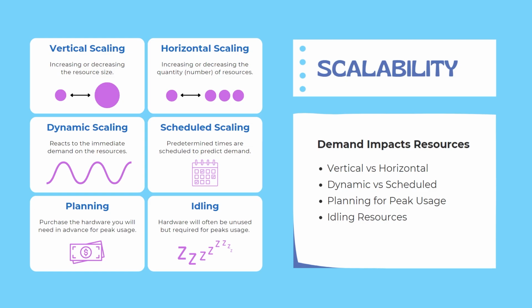Then we have another more predictable type of scaling, which is called scheduled scaling. You know when some event is going to happen, so you're going to predetermine how you're going to react to that. So let's say I run an office and I run software that my staff needs to use, and we operate between 9 to 5. What I could do is I could say, okay, in the morning, I know people need the software, and then in the evening, they're gone home and no one needs the software.